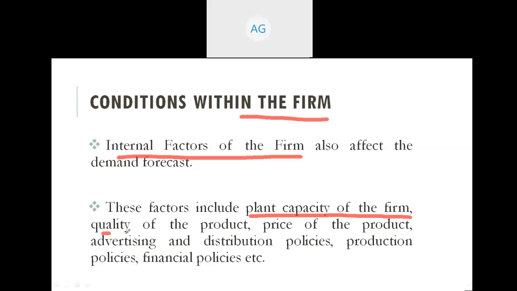And the quality of the product, then the price of the product, advertising and distribution policies of that particular firm, then production policies, then financial policies. So these are the factors which are particular to the firm or the company. So this is the third determinant of demand forecasting. Now moving to the next slide.